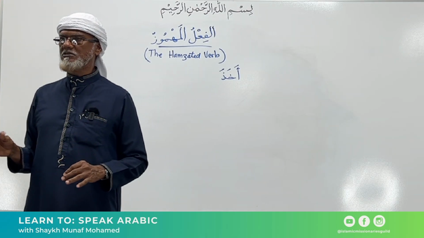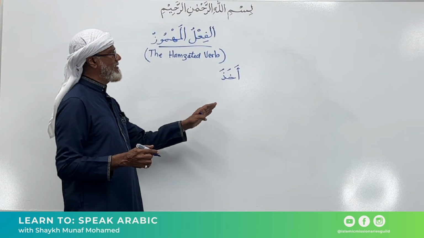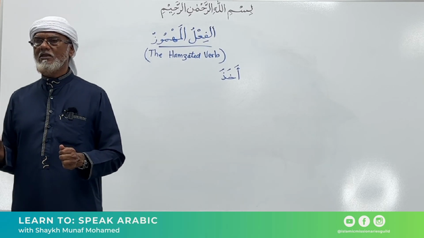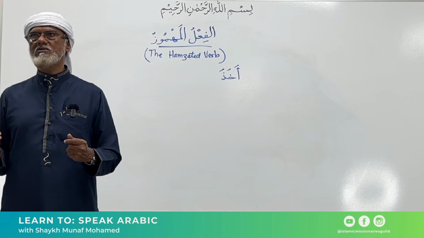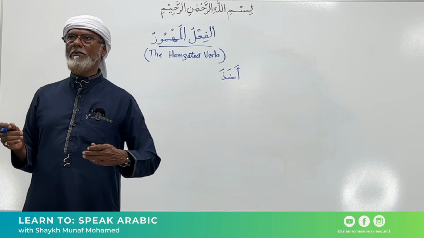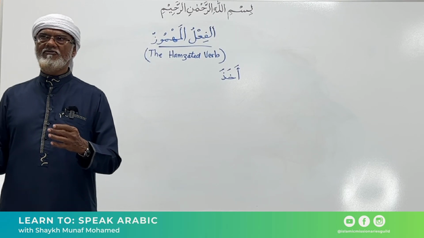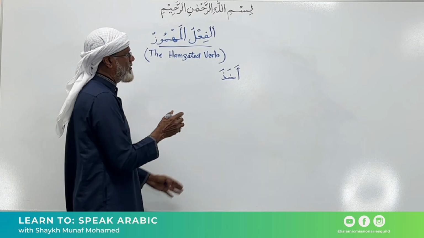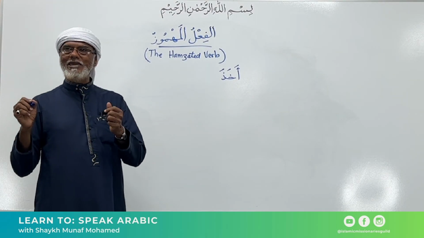There is no difference in them. But the mere fact that the verb has a hamza as one of its letters is important for us to know these verbs, because when we look at the command it will be a little bit different from the sound verbs. So you have to memorize the words and their meanings. So akhadha means he took.